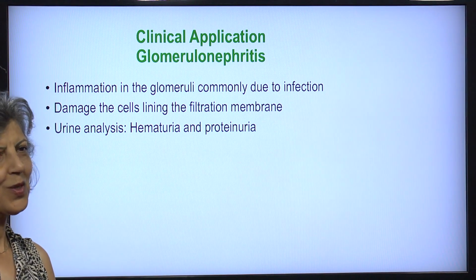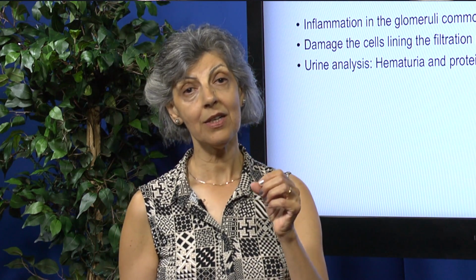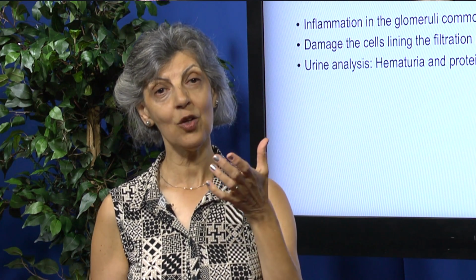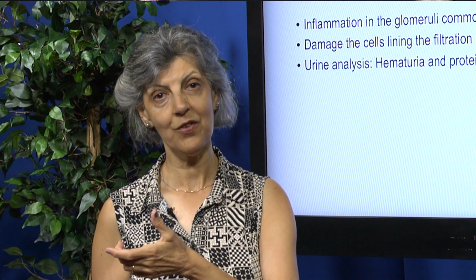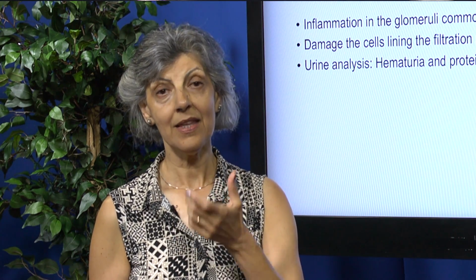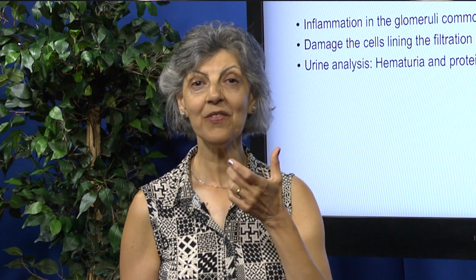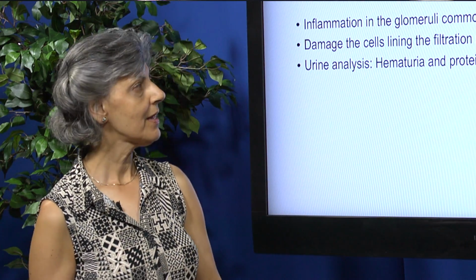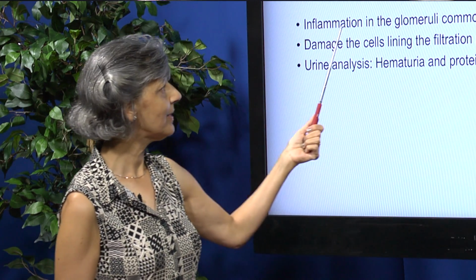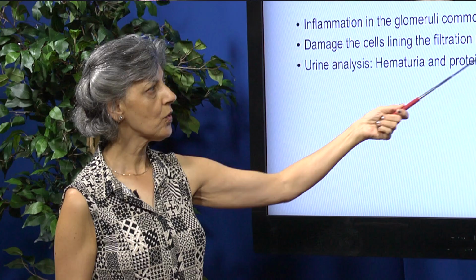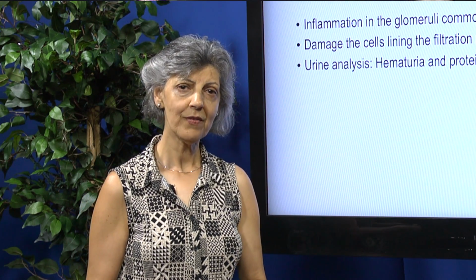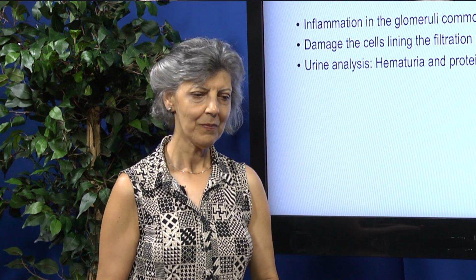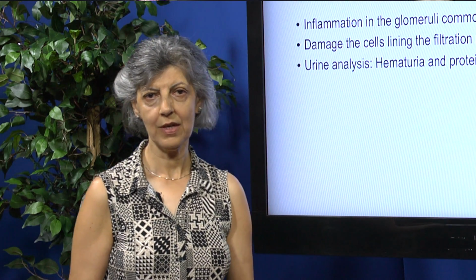glomerulonephritis. And now that we know the anatomy, it means that there is inflammation in the glomerulus of the nephron. Where exactly? This will occur in the filtration membrane. This is common. It can be due to many different causes. Infection is one of the most common causes, bacterial infections and other infections.